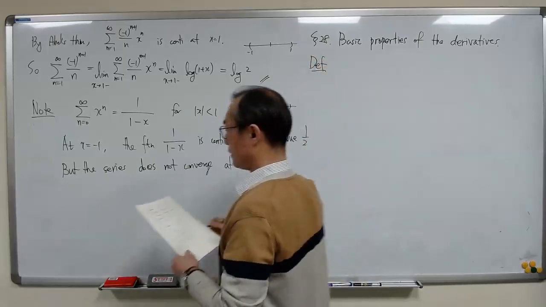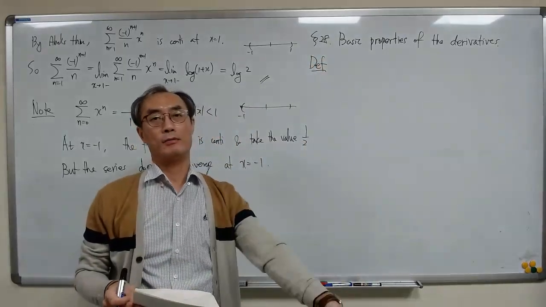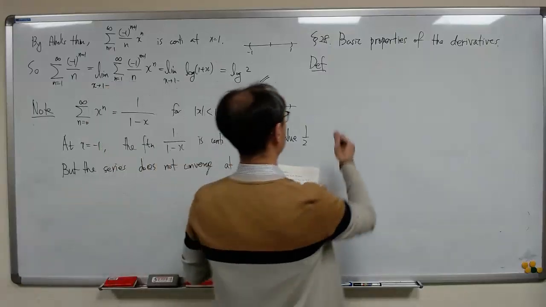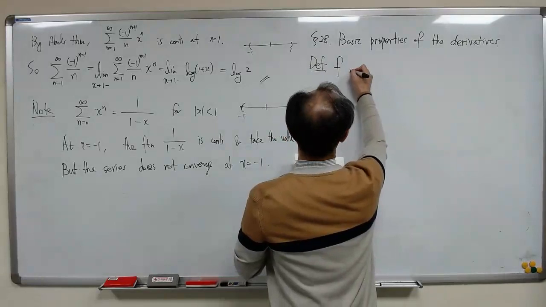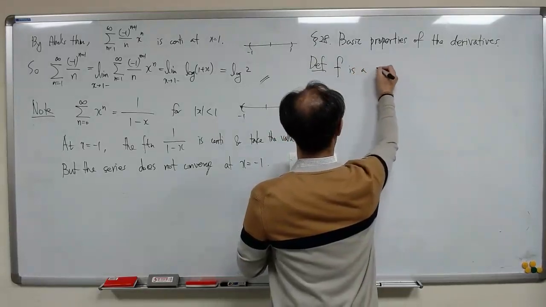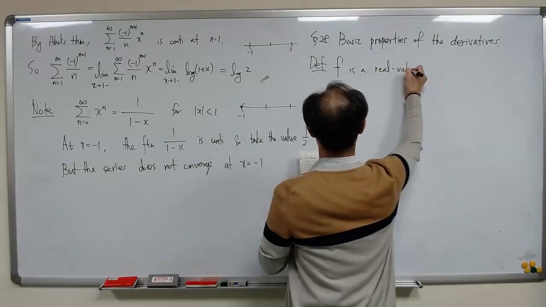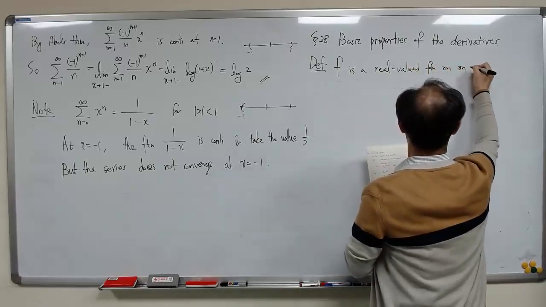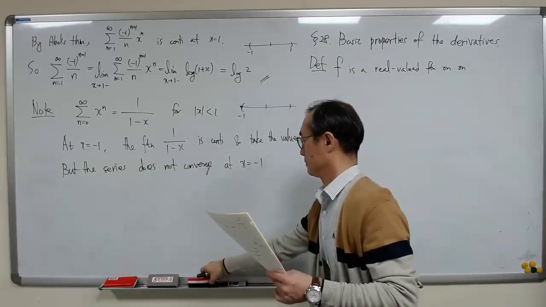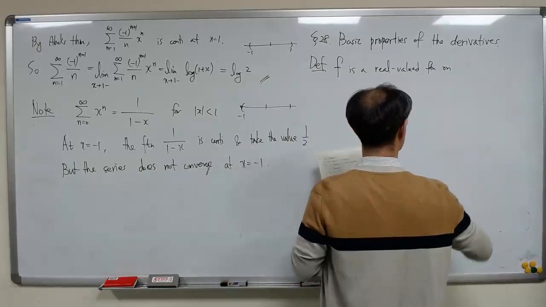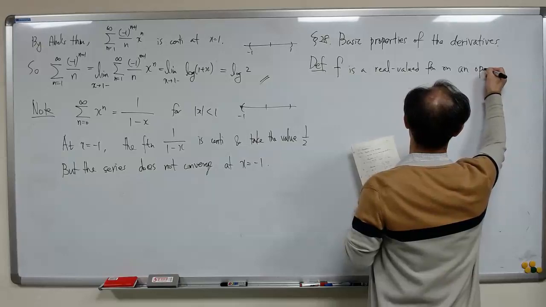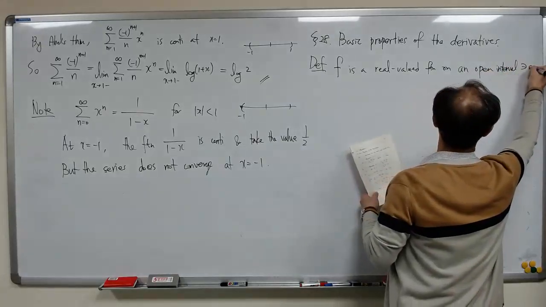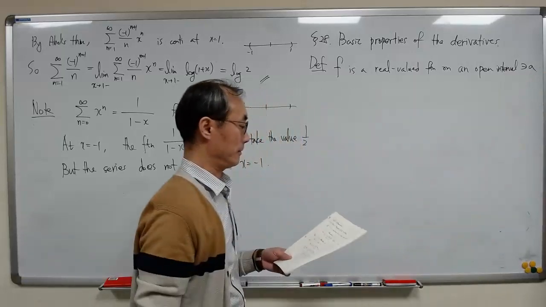So when we first define the derivative of a real valued function, here f is a real valued function on an open interval that contains the point of interest a.